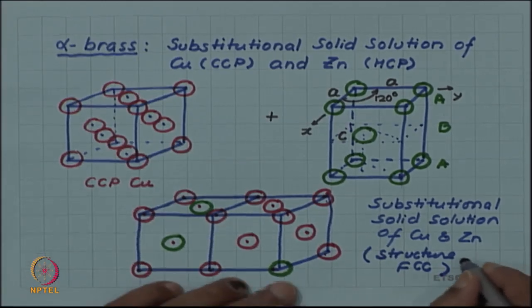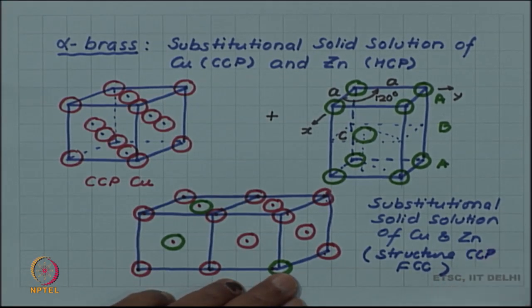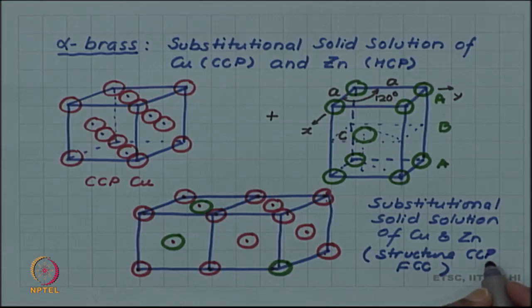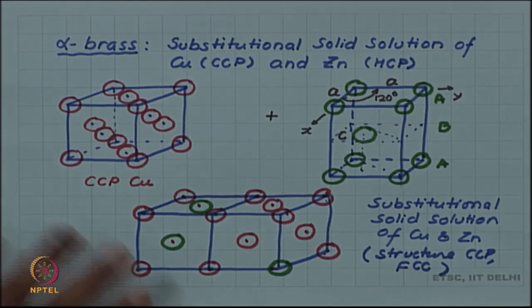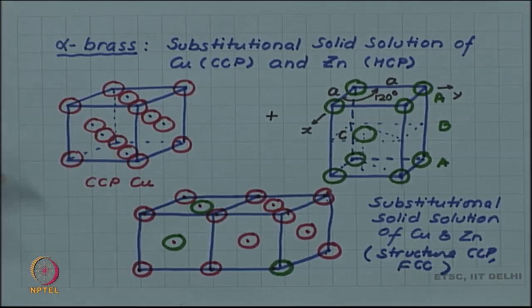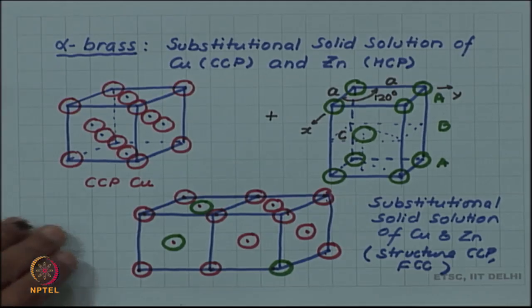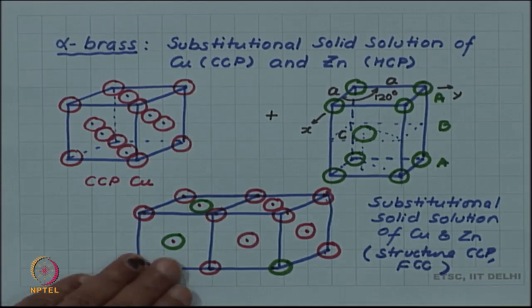The structure is CCP, the lattice is FCC. So, we can see here the difference between interstitial and substitutional solid solution. Interstitial solution like carbon in gamma iron, carbon goes into the voids. Substitutional solid solution like zinc in copper, it replaces copper from its regular lattice site.